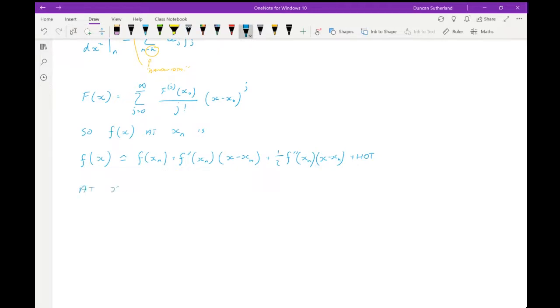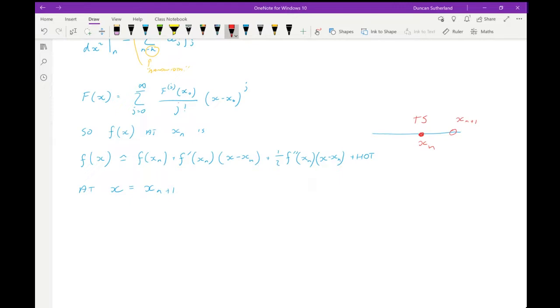At x equals xn plus 1, so we've done our Taylor series around the point xn, and we're going to look at xn plus 1 with our Taylor series.